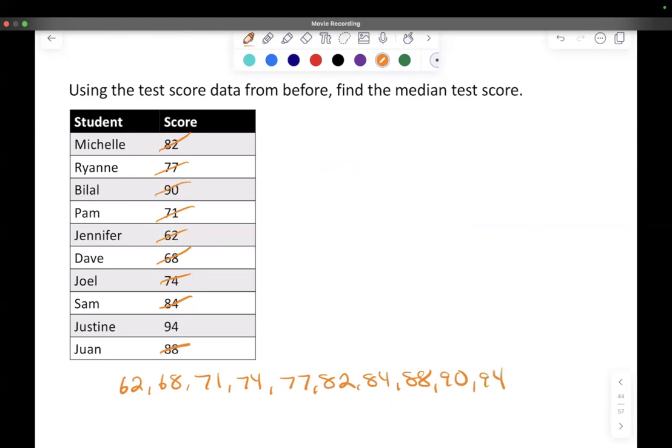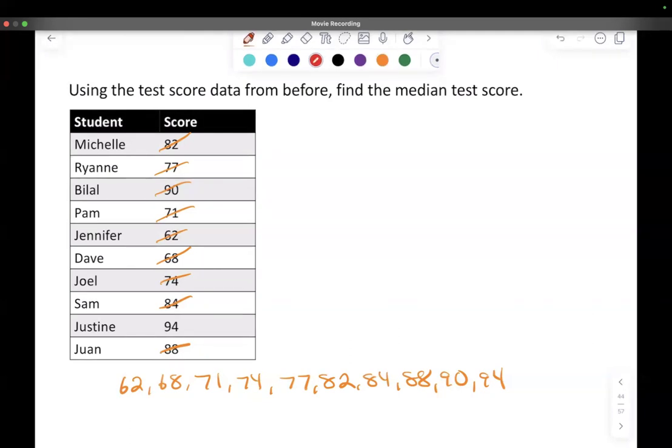Okay. Let's go ahead and find the median. Yay, good job. I'll give everyone else a second before I reveal.